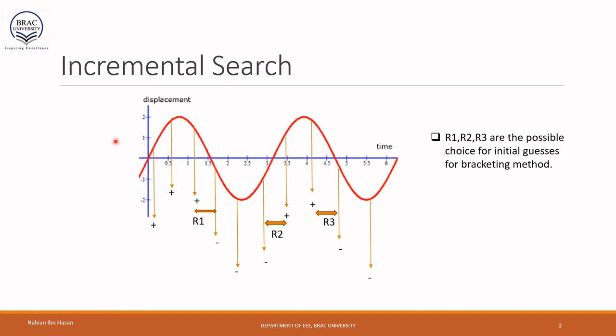But there are some problems in incremental search. For example, how do we set the equally spaced location? That means, what is the length of the space at which we are going to evaluate our function? So this is one limitation. If we reduce the length to be very small, it would take a huge amount of computational time and resource. On the other hand, if we take a large space, then we might not find any possible boundary.